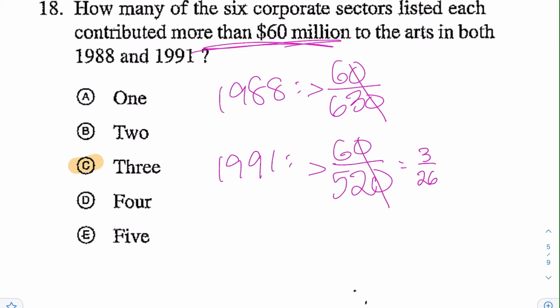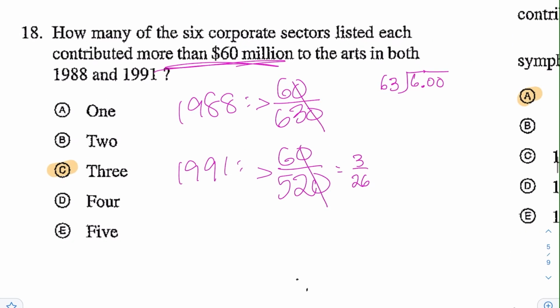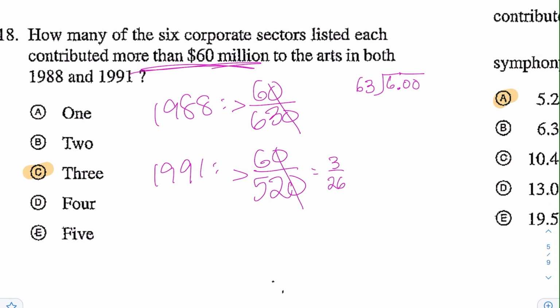Okay, so from here you can just do some long division. So for the first one, 6 divided by 63. 63 goes into 600, you can estimate about 8 times. So that's 504. But if you do 63 times 9, that's even closer.